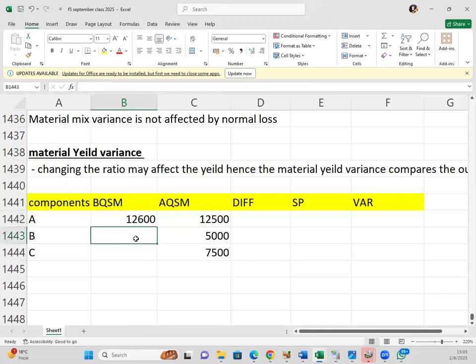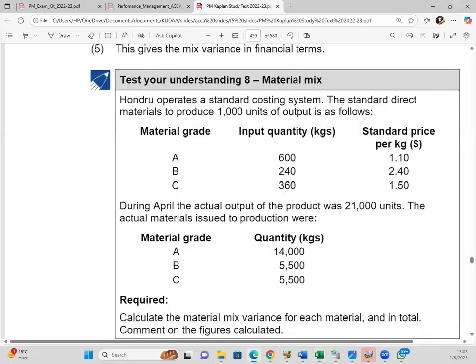Can you do the same for B and for C? So for B, we are saying for 1,000, we're budgeting 240. What about 21,000?